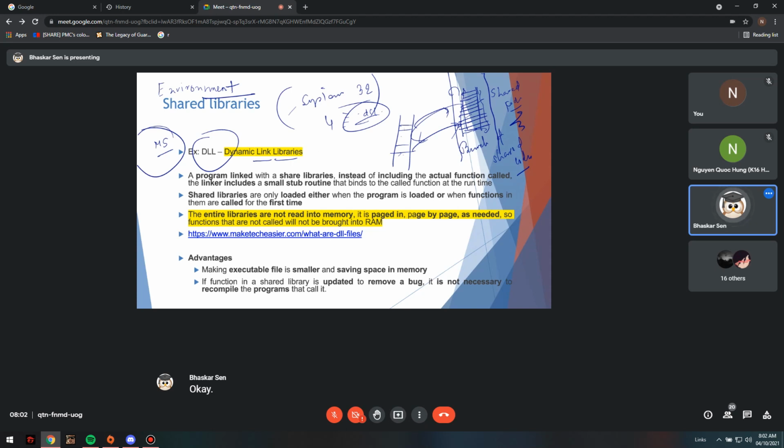A program linked with shared libraries instead of including an actual function or the link. So what is inside these shared libraries or DLL files?